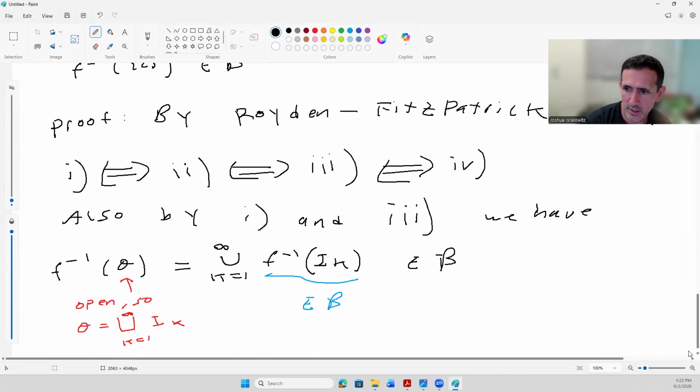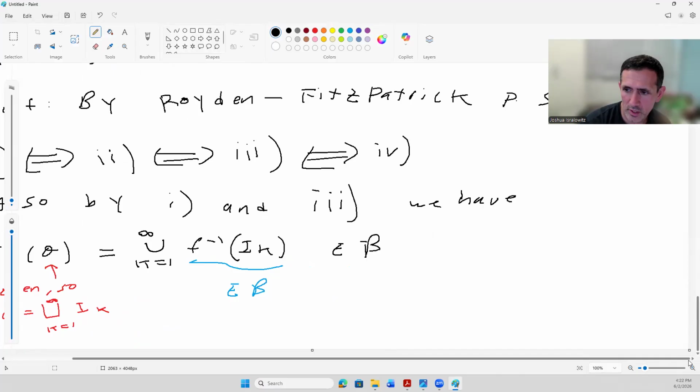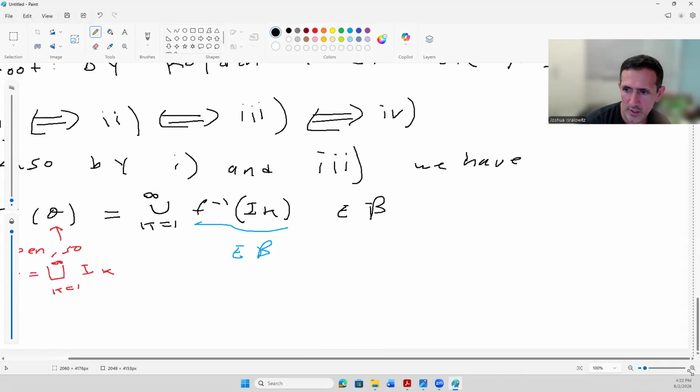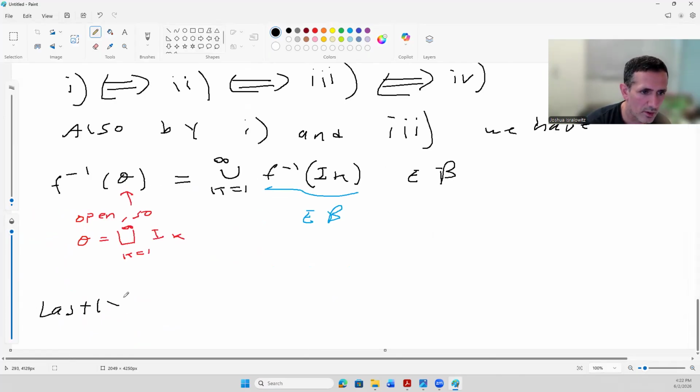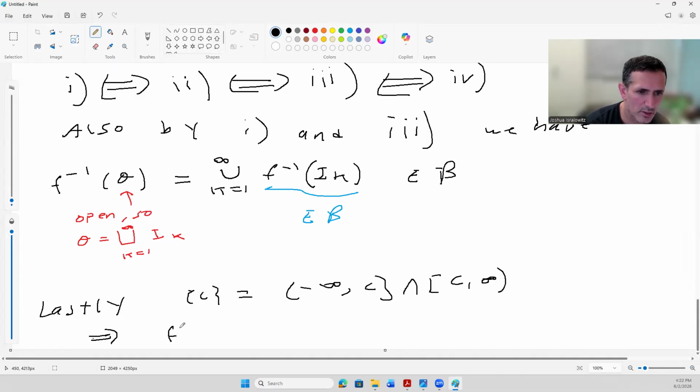Right. The last thing that we want to prove is a trivial thing. So {C} is, of course, the intersection of the sets for C. So that means it trivially follows.